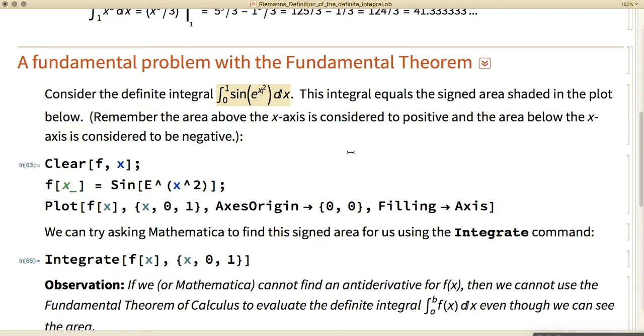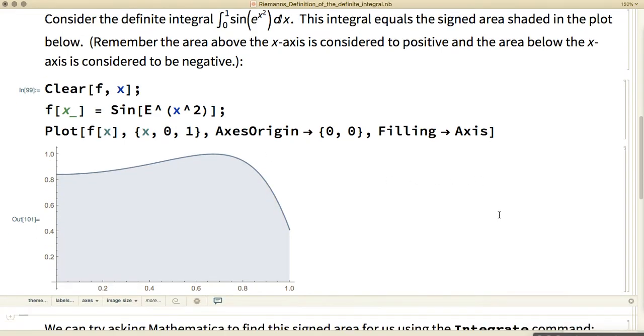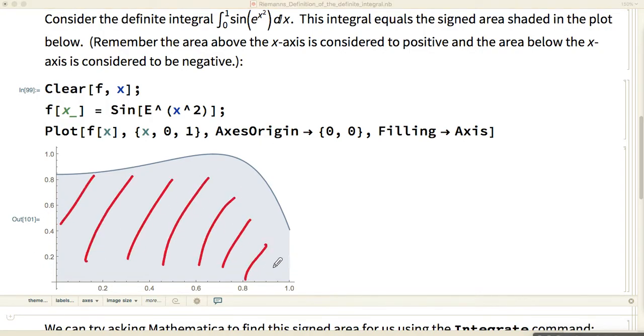This particular integral equals the signed area underneath the shaded plot generated by this Mathematica input cell. Notice that in this plot, we clearly have a chunk of area, and that chunk of area is given by the integral between 0 and 1 of sine of e to the x squared dx.